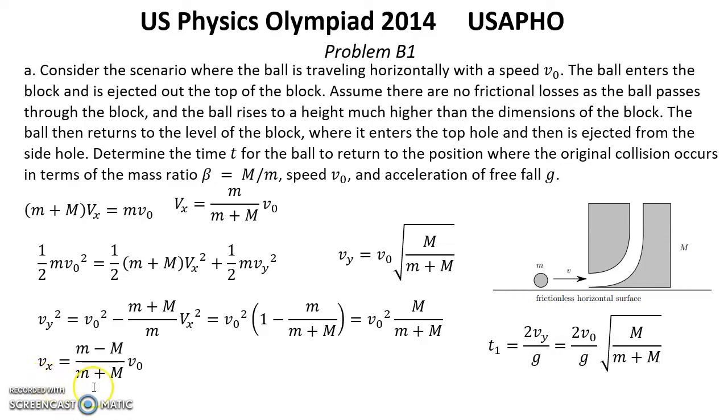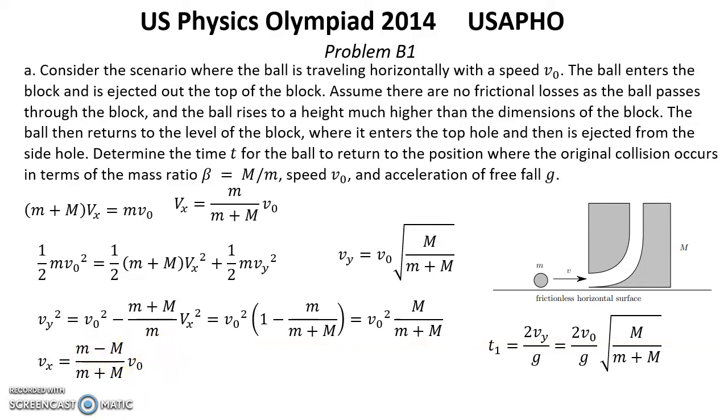That will be (small m minus big M) over (small m plus big M) multiplied by V0. From this formula we can find that if small m is greater than big M, this velocity will be positive and the ball will never reach the initial point. So it means that small m must be less than big M to count this time.